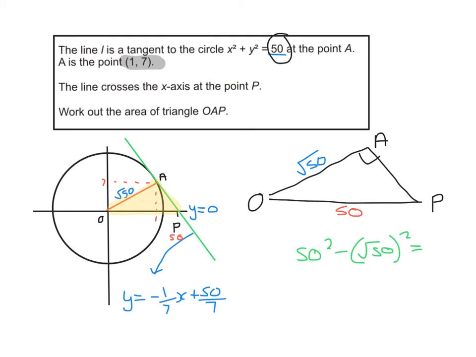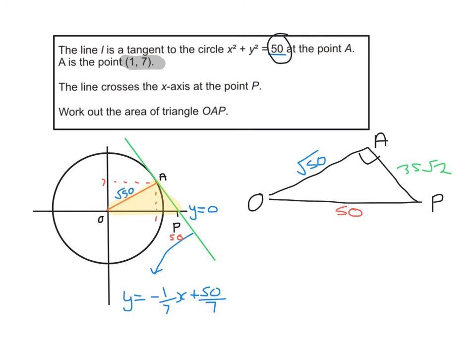That will give me this AP squared. So let's do that on my calculator. So 50 squared, take away, well, root 50 squared is just going to be 50. So the answer to that is 2,450. And I need to square root my answer just to find AP. And it comes out as 35 root 2. Again, I'm not going to turn that into a decimal.